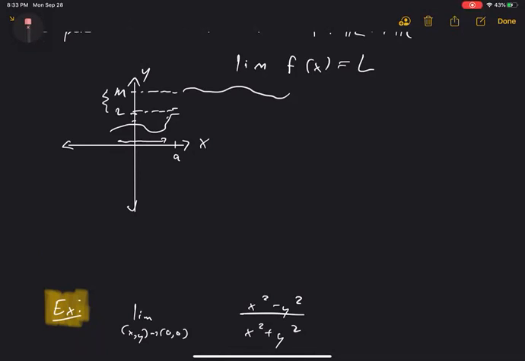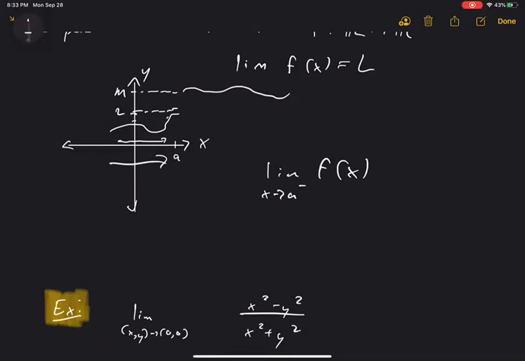So I said we have the limit coming from this side. There are these things called one-sided limits. When I say the limit coming from this side, we have this special notation: limit of f of x, x approaches A, and then I have a minus sign, meaning I'm approaching from the left side. I'm approaching from the negative side.